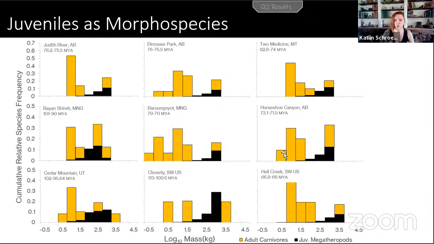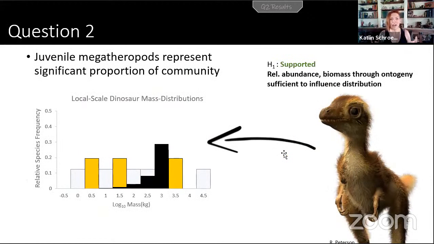We start to lose a little bit of that gap. So now what we have is independent verification based directly on abundances and growth rates from the fossil record of the very real influence that juvenile megatheropods would have had on their environment. Essentially, juvenile megatheropods would have had a similar amount of influence on their community as adults of the same species, and exerted that influence mostly within the 300 to 1,000 kilogram body size range.